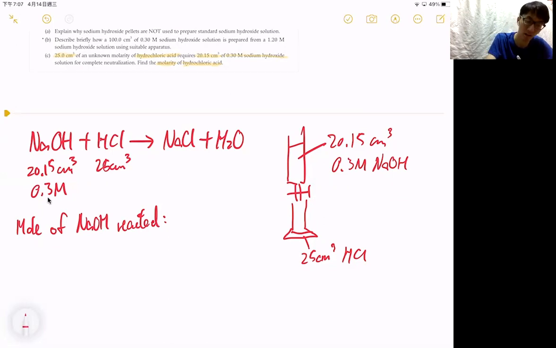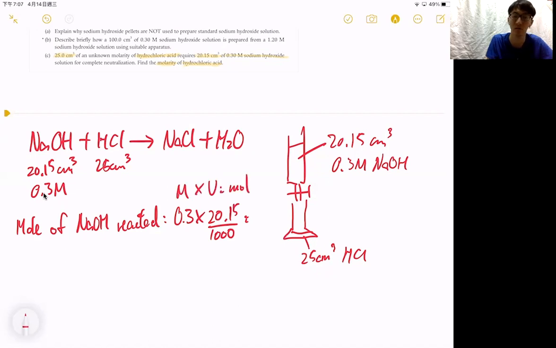So we calculate the moles by multiplying 0.3 times 20.15 divided by 1,000. In your mind, that is the molarity times the volume, and we get the number of moles.